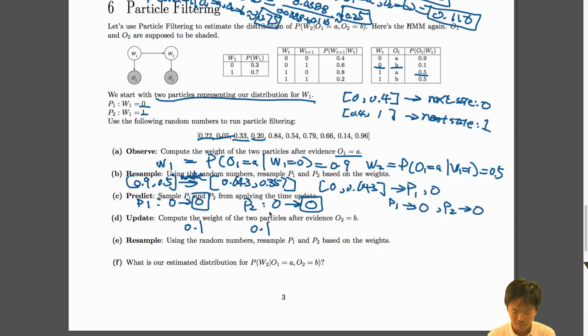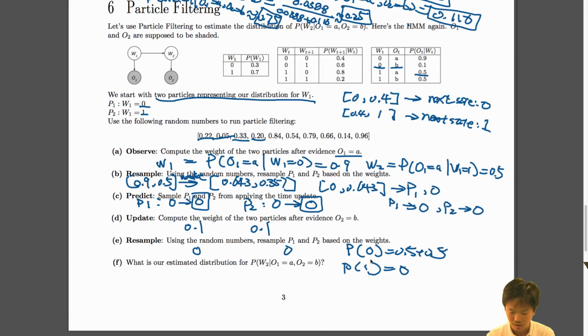But since both P1 and P2 are in hidden state 0 at this point, the resampled particles are still going to be in state 0, because the probability of resampling to get 0 is going to be 0.5 plus 0.5, and the probability of resampling and getting 1 is going to be 0 because there's no particle after the transition that's in hidden state 1.